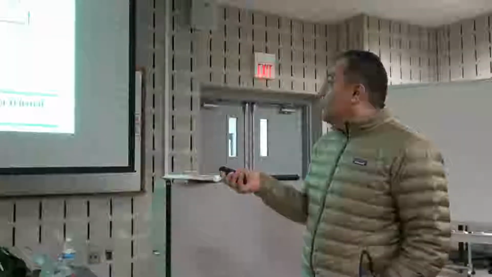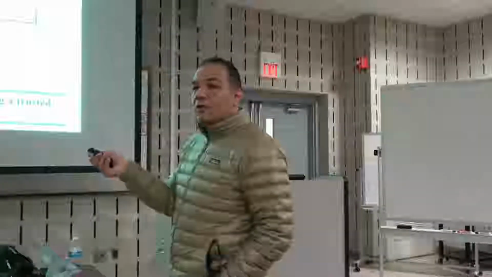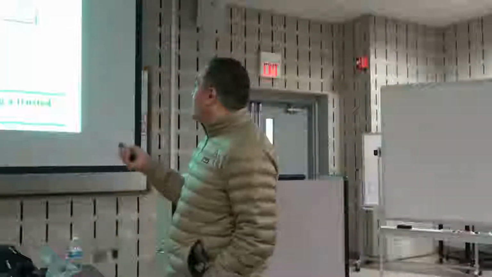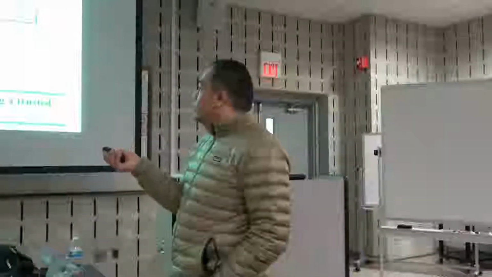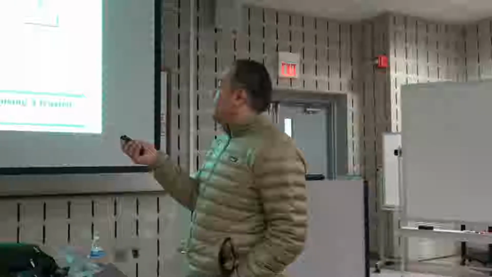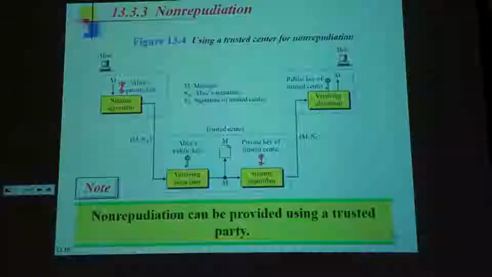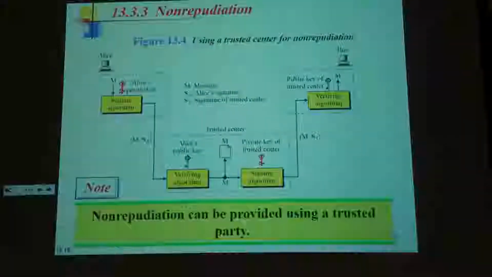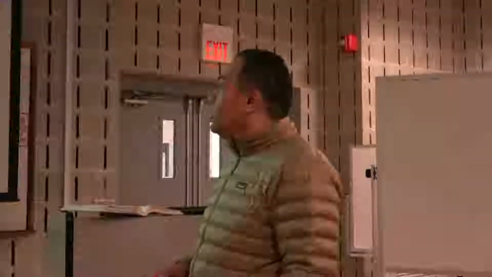The trusted center has the public key of Alice and the public key of Bob. So it decrypts with the public key of Alice and encrypts with its own private key. And the whole world knows the public key of the trusted center. As simple as that, it's not very complicated, right?